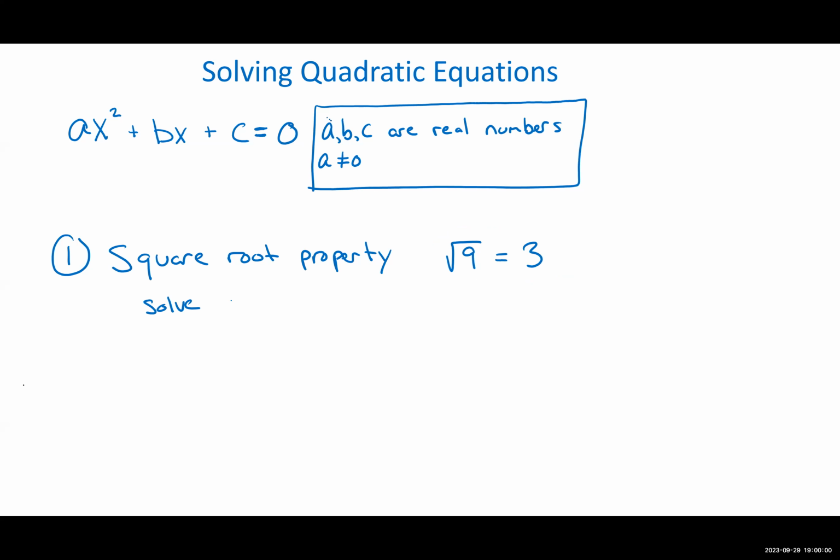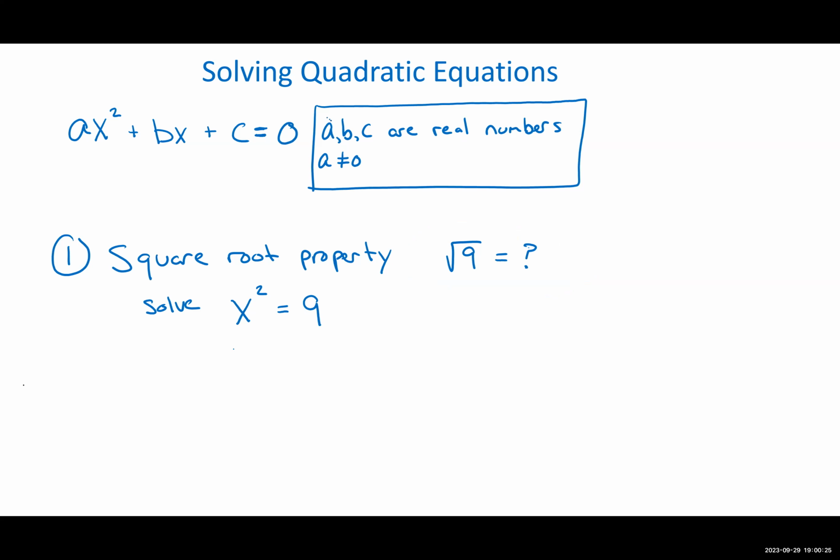So if we go back to solve the equation x squared is equal to 9, what we're asking here is the same thing we were asking over here. What number times itself gives you 9? So if I put a question mark here, the square root of 9, the same thing. I'm asking, what number times itself is equal to 9?